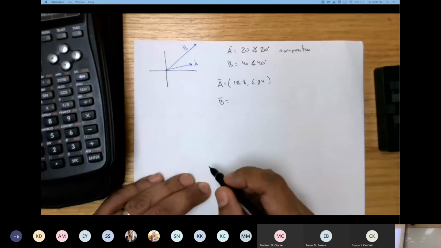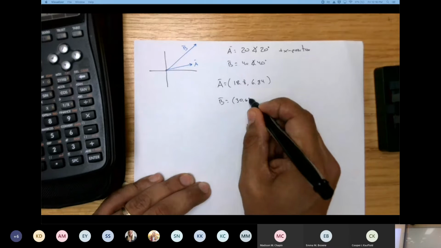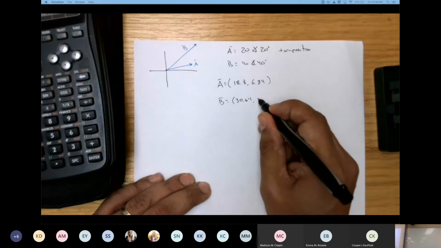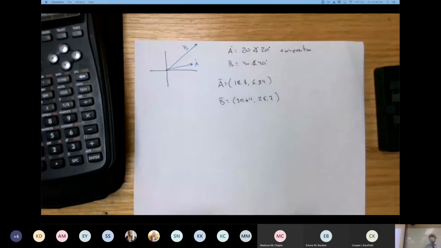Michaela, what you got for the x component of B? 30.64. And for y? 25.7. Okay. Does everybody got those results? More or less? Okay. So now you decompose vector A and vector B, and now we can add them.